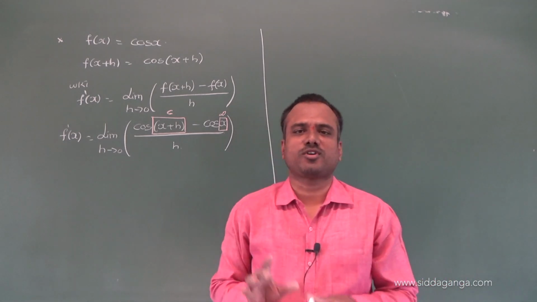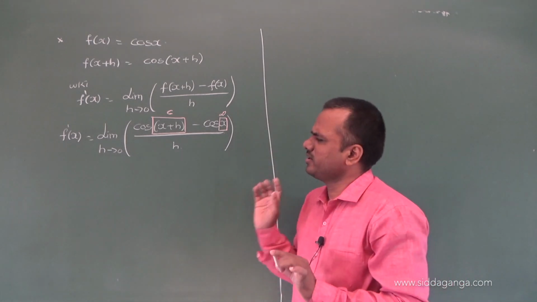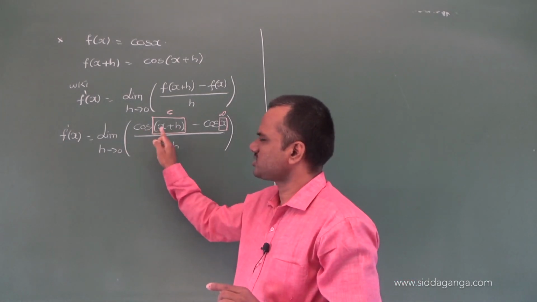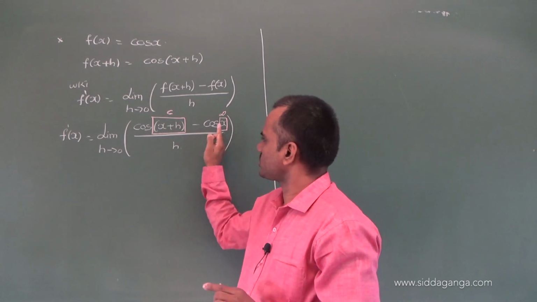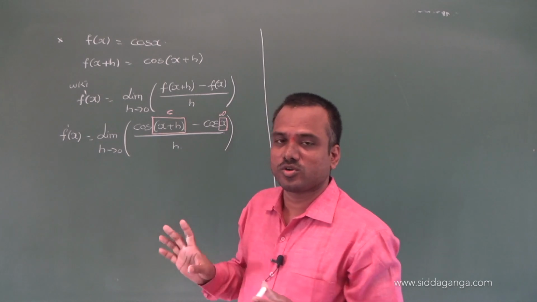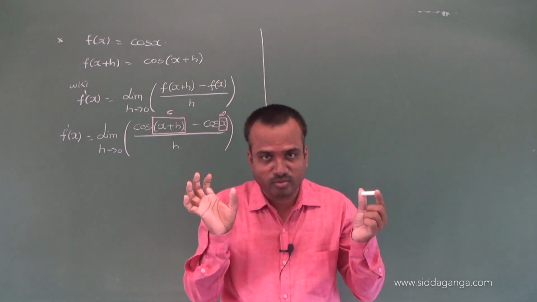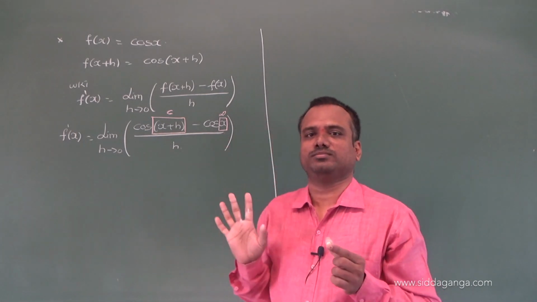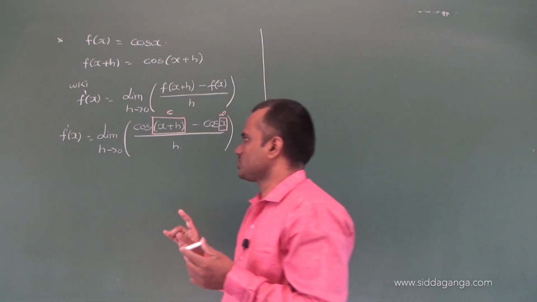If you substitute h as 0, it is just cos x minus cos x, cos x gets cancelled, numerator is 0, denominator is also 0. So it is in the form of 0 by 0, indeterminate form, correct? Okay. So what do we do?